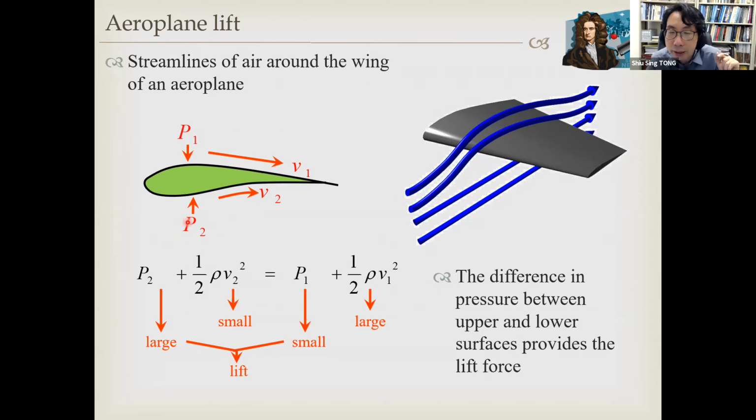So you can see the upward pressure at the base is larger than the downward pressure from the top. So P2 is larger than P1, and so there will be a net upward force on the wings, and that is the lift force that maintains the airplane flying in the sky. Okay, that counterbalances the weight of the plane.